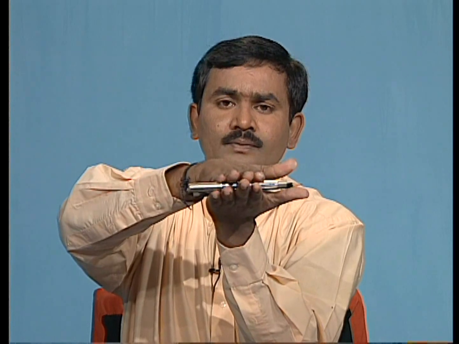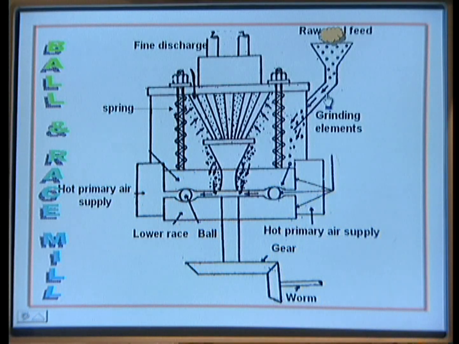Then in between, if you crush, what happens? If any coal is in between the two races, it may be crushed into powder form. Similarly, the same thing takes place here. The coal from the storage comes in this direction, you can see here, and enters the mill, where it is crushed to powder form.